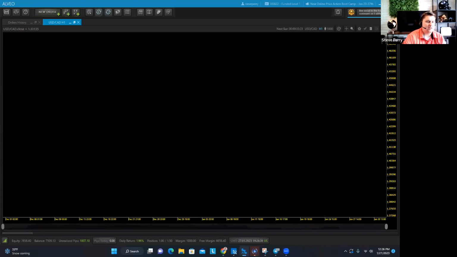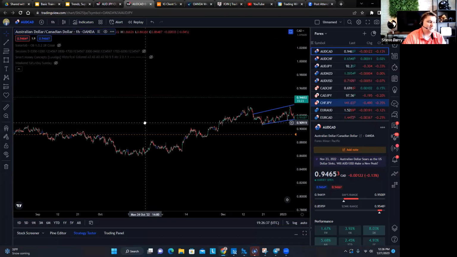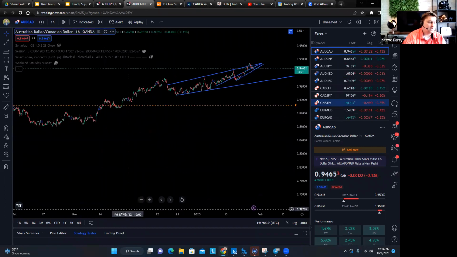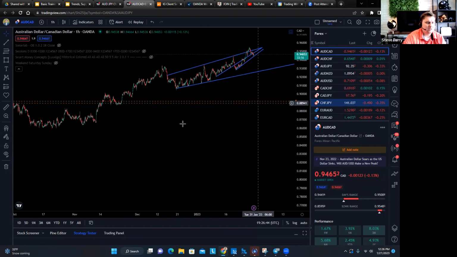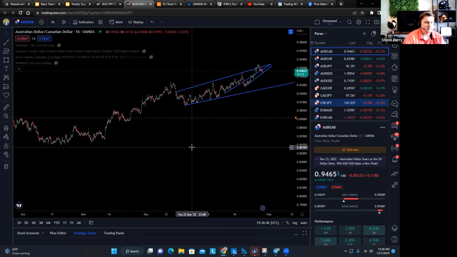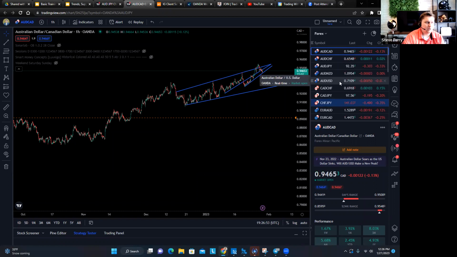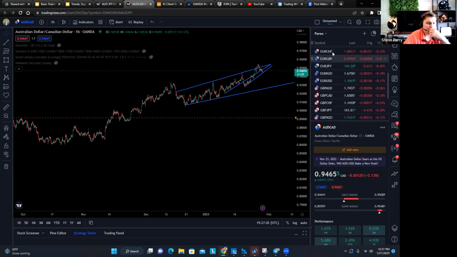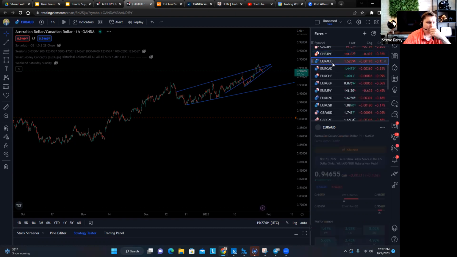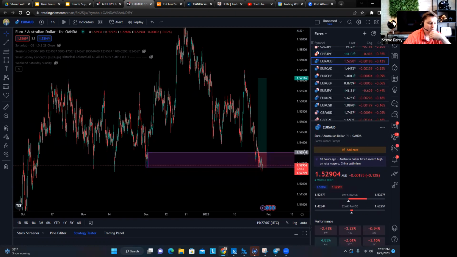So let's actually go back to TradingView. Let me find an opportunity that's pretty legit. What's a trade I took recently that had this exact concept? Where did I trade this? I think I took a trade. I'm trying to find a more recent example. I'm sure I could just find one.